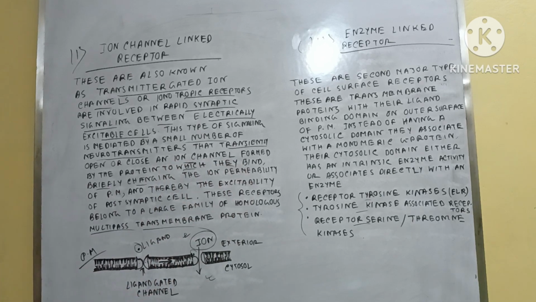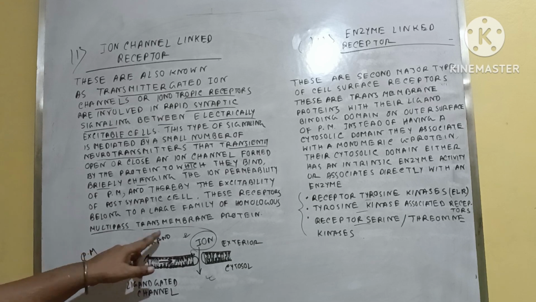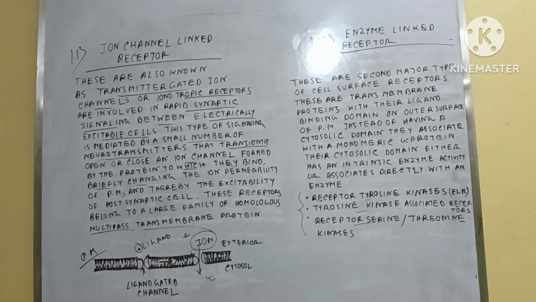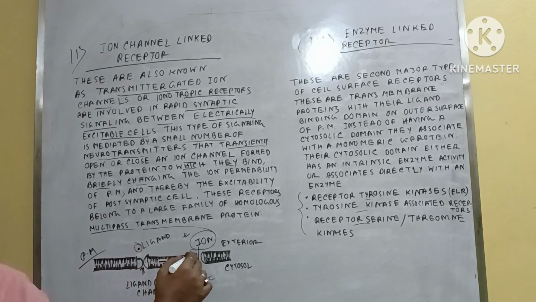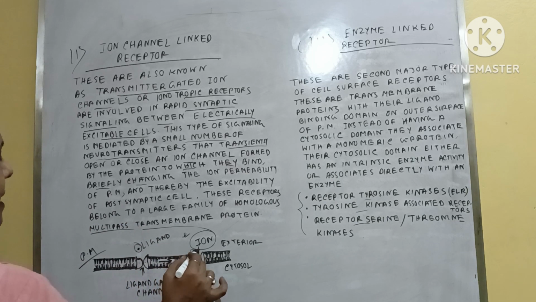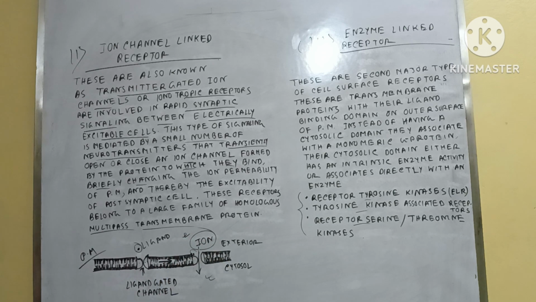Neurotransmitters act like the ligand: when they bind to the receptors attached to the plasma membrane, the channel or gate for the entering of ions is opened.